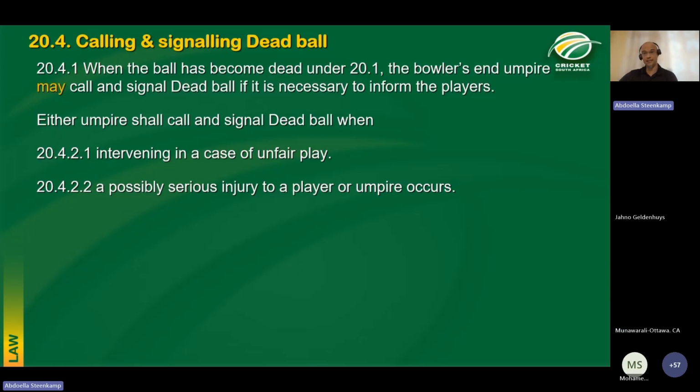Is it serious? If it is, intervene immediately by calling and signaling dead ball. As soon as you make that call, anything that happens after that is irrelevant. If you think it's not too serious, then it's your call. You don't have to call and signal dead ball, but make that judgment call. And if it's a serious one, call it.